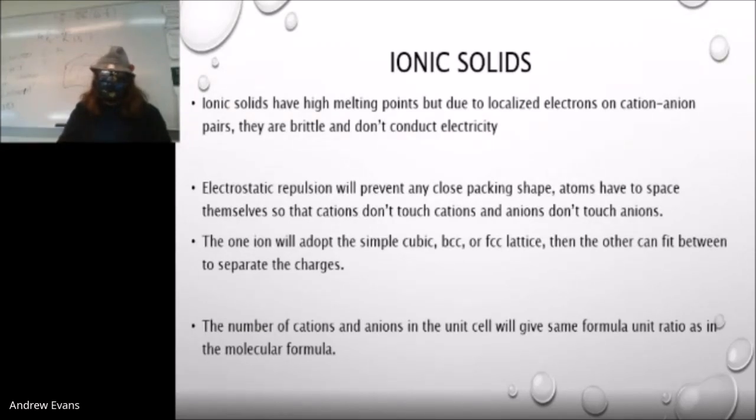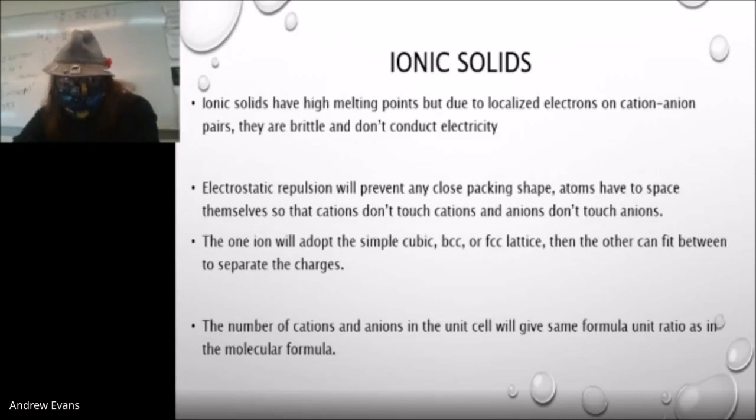So we'll have to look at this and try to reason out where the other ion is based on context clues and looking at the shape. But please note the number of cations and the number of anions in the unit cell will be the same formula ratio present in the overall molecule. So if I see 6 sodiums, I should see 6 chlorides.